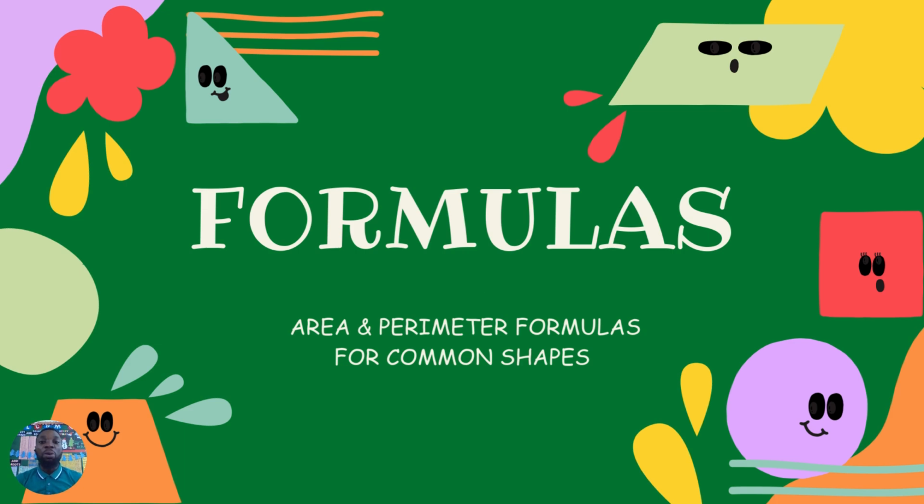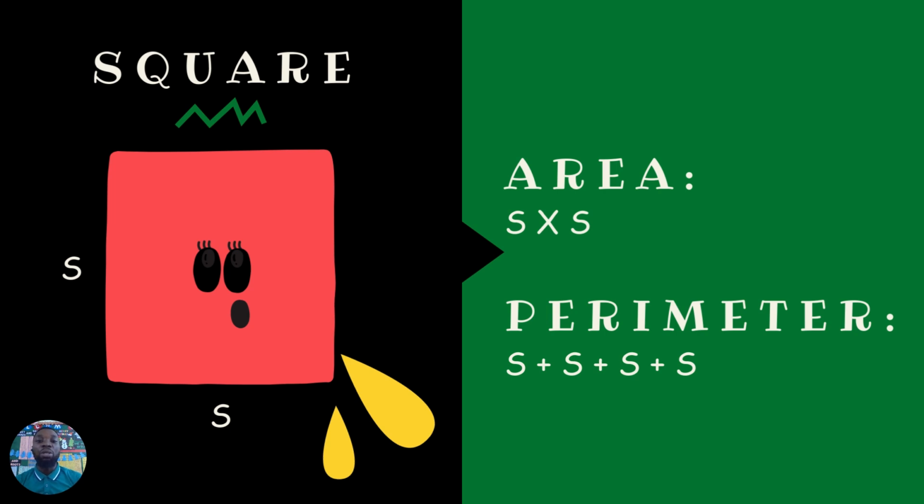Going to the formulas, we're going to be looking at the area and perimeter formulas for common shapes. If I mention common shapes, what shapes come to your mind? Let's look at the first one, which is the square. What is the area of a square?